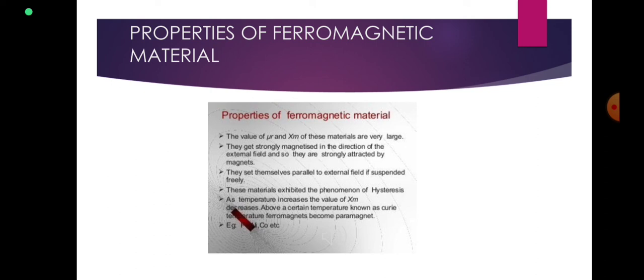Number 3, they set themselves parallel to the external field if suspended freely. Number 4, the material exhibits the phenomenon of hysteresis. Number 5, as temperature increases, the value of chi-m decreases. Above a certain temperature, known as the Curie temperature, ferromagnets become paramagnets. Examples of ferromagnetic material are iron, cobalt, nickel, etc.